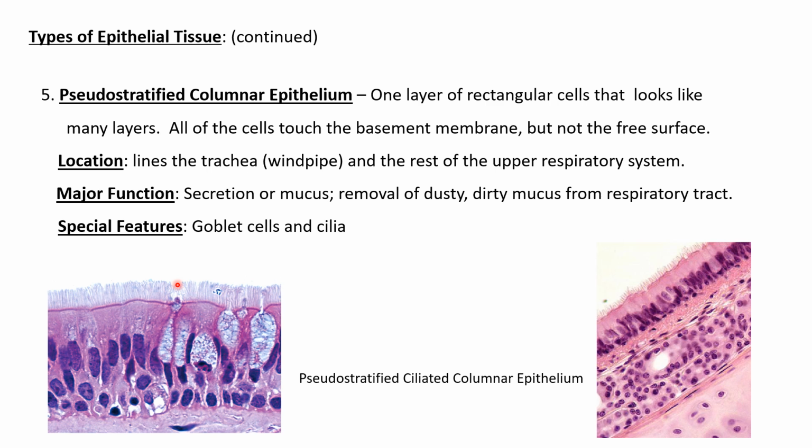And the dust in the air that you breathe is going to get trapped in that mucus, hopefully. And then the cilia are going to just sweep all that dusty, dirty mucus upward. And then when you later cough, you might hawk up a loogie, or you might cough up some mucus. Then that is that dusty, dirty mucus from your respiratory tract that your cilia were just sweeping up.